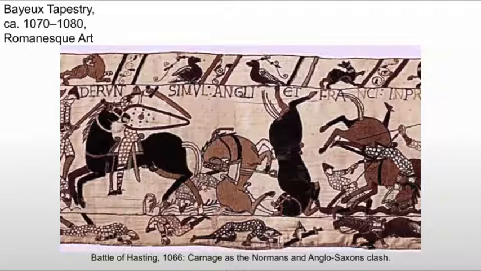By 1080, Odo had been imprisoned, so this is why we get 1070 to 1080 as our most commonly cited dates for this piece. Now, this is probably produced in Canterbury, England, Canterbury at the time being very famous for its needlework, and it's known as the Opus Anglicum, or the English work.